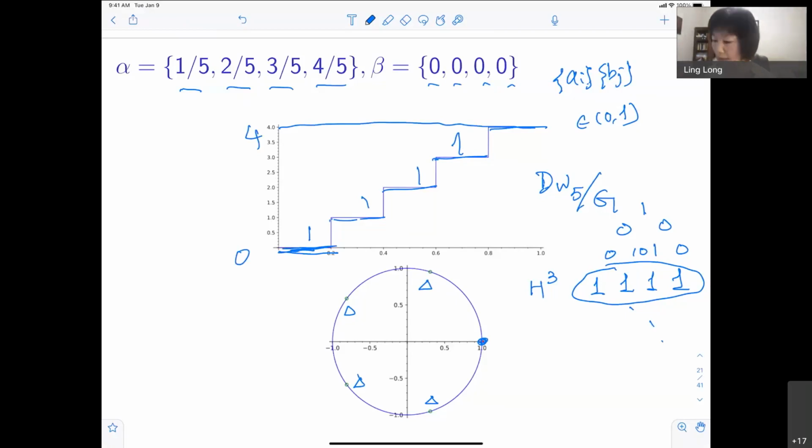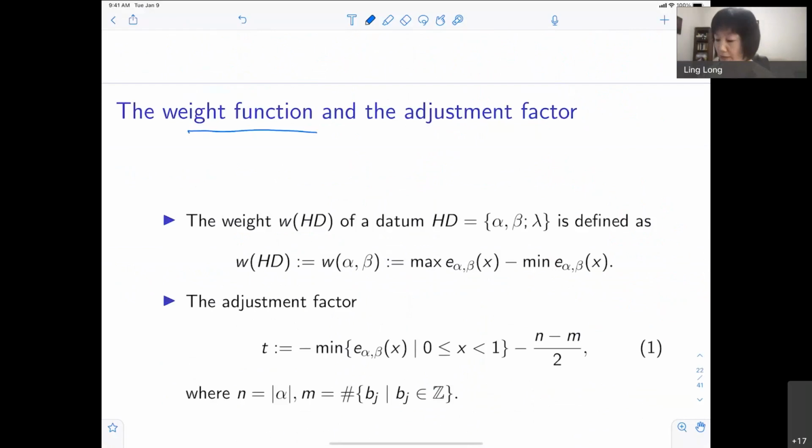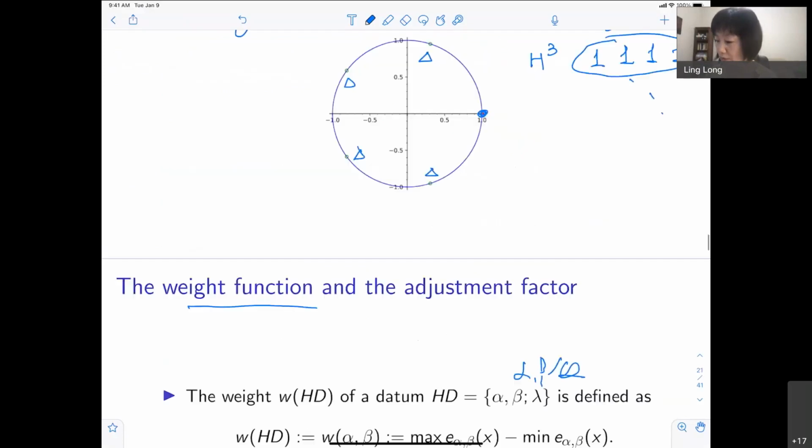So there will be a notion called the weight. The weight is correlated to, if I'm going to get to a modular form, the weight of the modular form. If you have alpha, beta defined over Q, it only depends on alpha and beta. It will be the maximum of my step function subtracting the minimum of the step function. In the previous example, the weight will be 4.